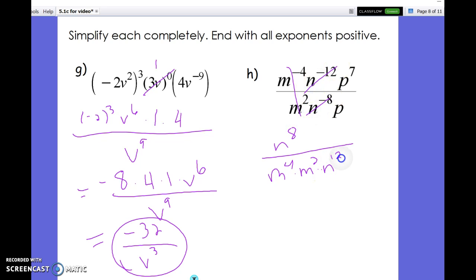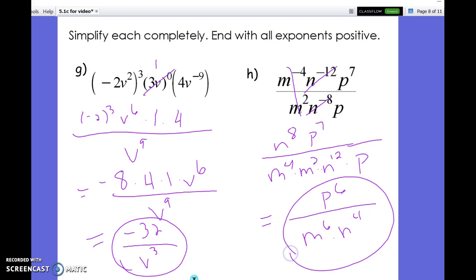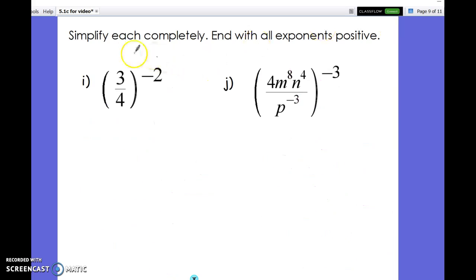N to the -12th needs to go in my denominator. P to the 7th is going to stay in the numerator, and P is going to stay in the denominator. So now I can simplify. Well, I'm going to have P to the 6th divided by M to the 6th times N to the 4th, and that's my final answer. Again, a lot of different methods you could have used to solve that one, just your personal preference.